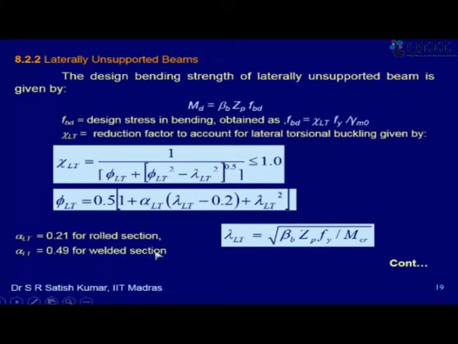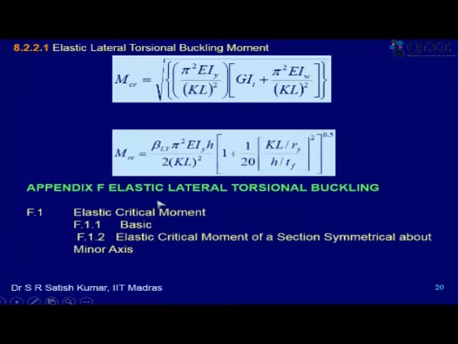So there will be 2 curves, like A and B for example, like the column strength curves, which will be used for design. If I put that alpha, I'll get phi. I'll put phi and lambda, I'll get chi, and then from chi I can get FBD, and from that I'll get the moment capacity. That is how the code says that we need to design. I'm not showing 2 curves because that's quite similar to the column strength curves. So that is the formula for lateral torsional buckling.